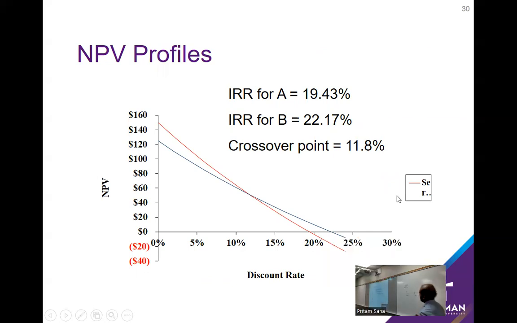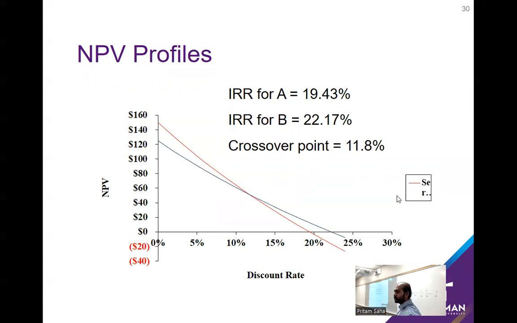Now, if you look here, this is just trying to tell you, at different rates for these two projects, what is the NPV value? Before the crossover, who is bigger, red line or blue line?